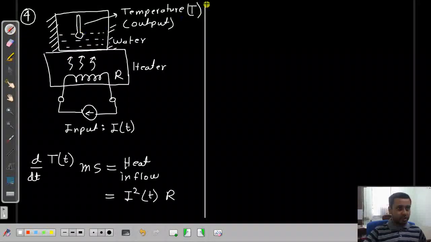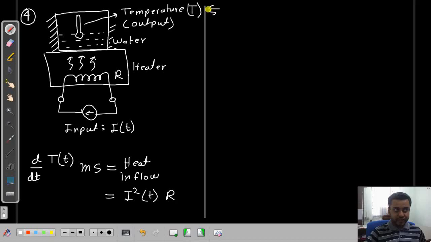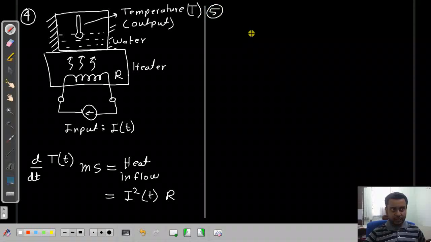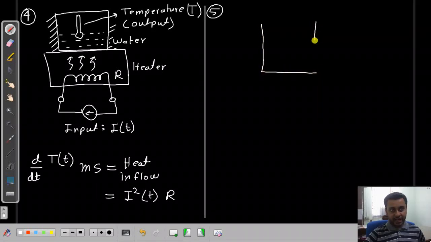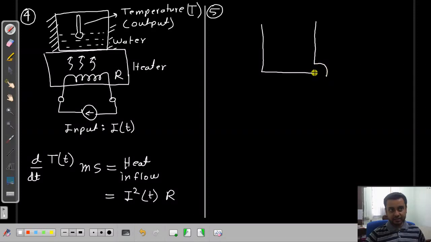Now let us consider another simple system, this time a hydraulic system. We shall consider a water tank which has an outlet.